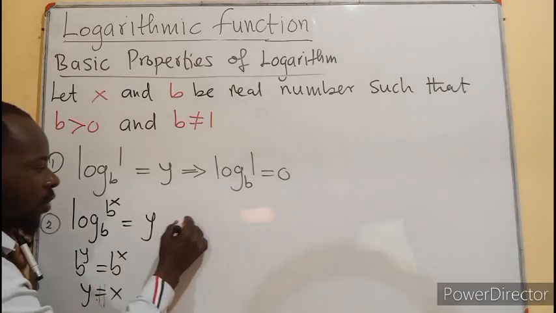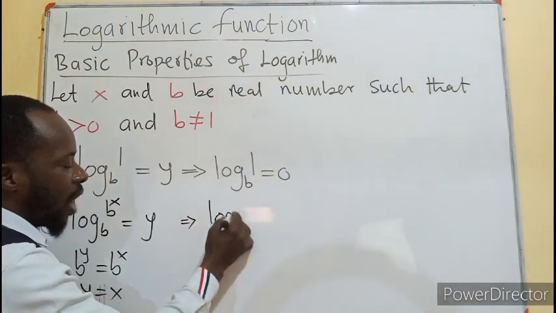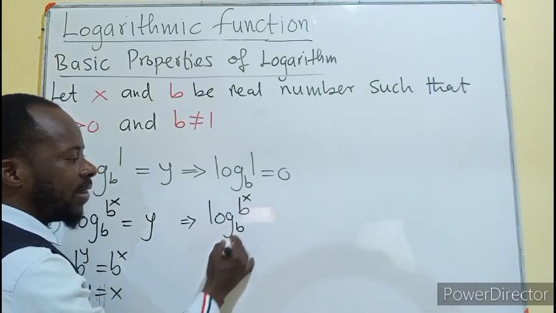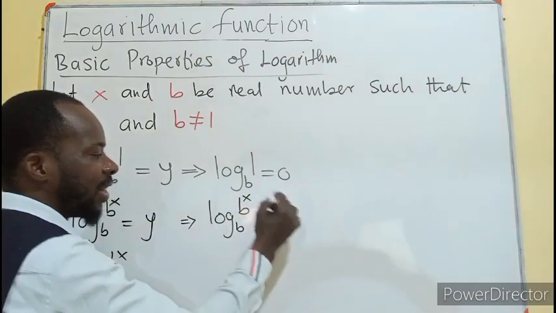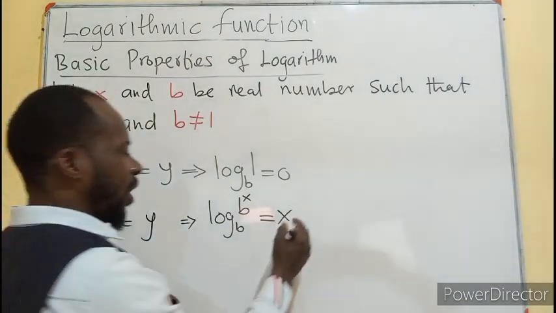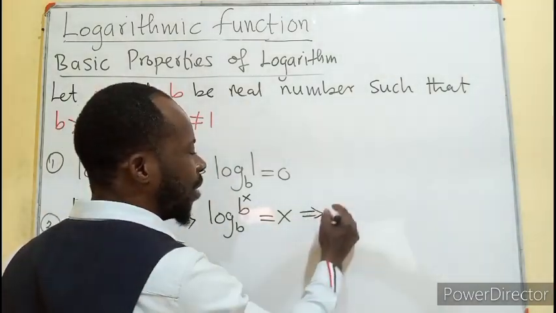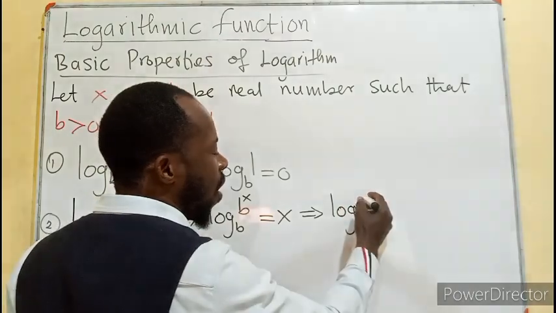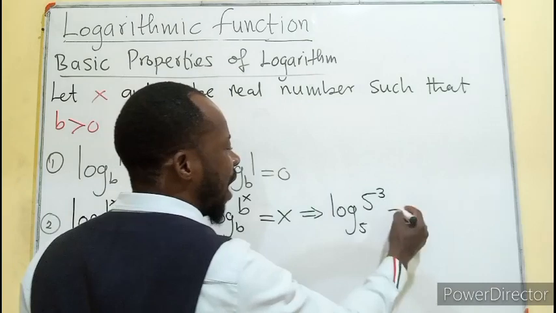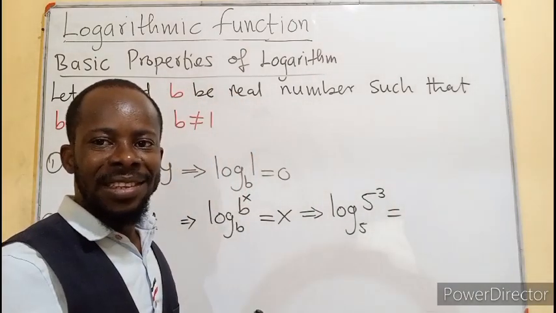x. So in all, if I have a logarithm of b exponent x to the same base, I should be interested in just the x. So we can say that if I take an example, the logarithm of 5 exponent 3 to the base 5, I believe the answer will be 5, right?